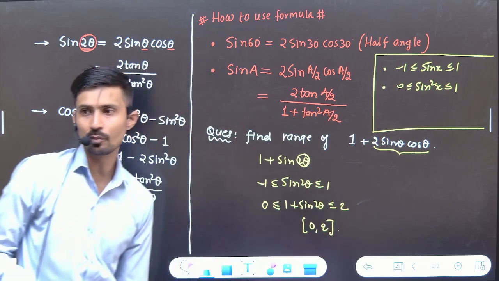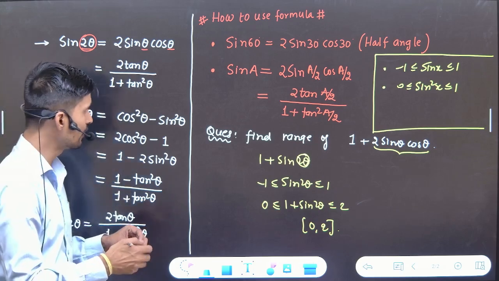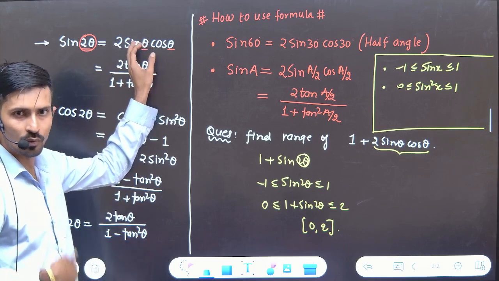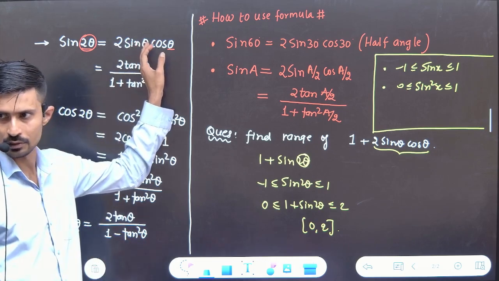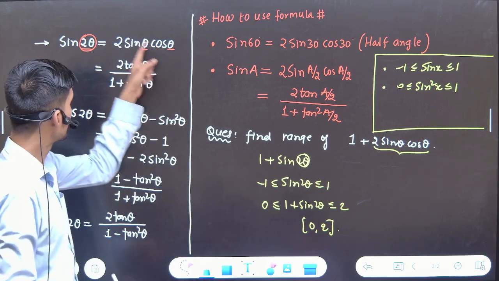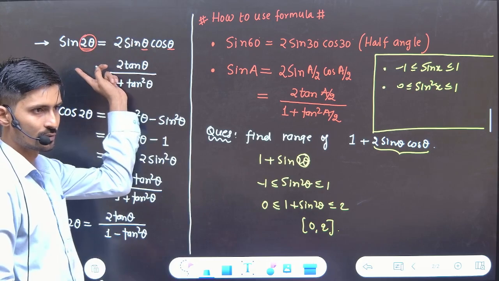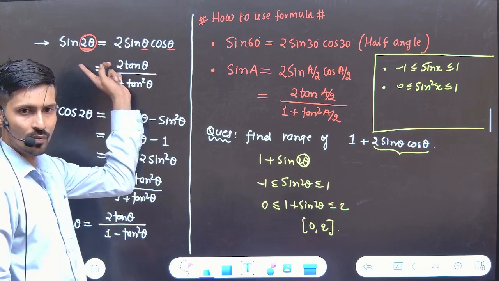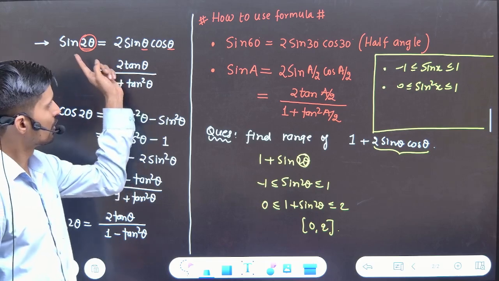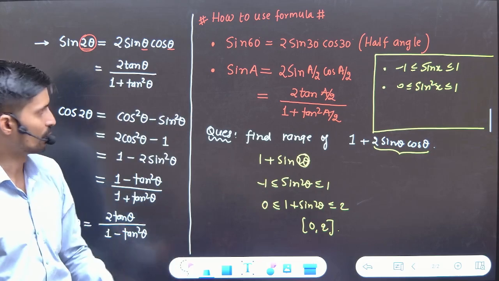So what this formula is doing, actually, whenever sine and cos are multiplied and you want to work on the multiplication of sine into cos, then you can use this reverse formula. Okay na? Write down this. I will give you one more question here.